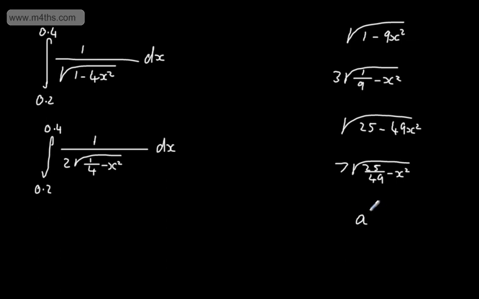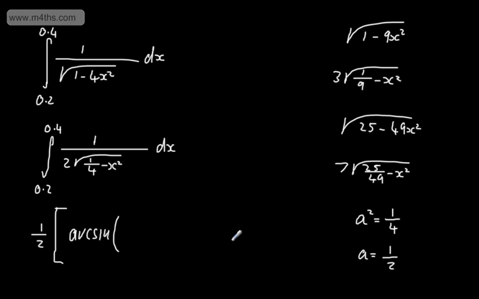We can say that a squared is equal to 1/4, so a will be equal to 1/2. So what we're going to have then is the following. We've got now 1/2. So taking out now this constant right here, we've got 1/2, and we can evaluate. We're going to have now the inverse sine or arcsin of x over a.